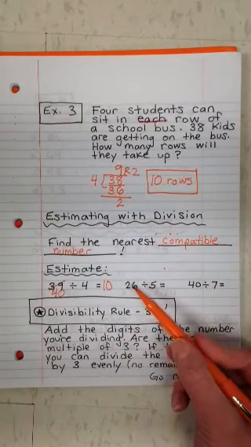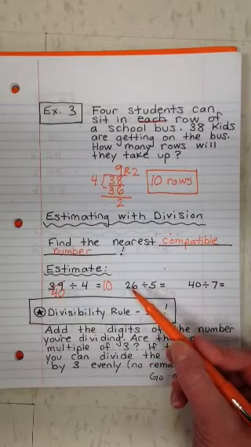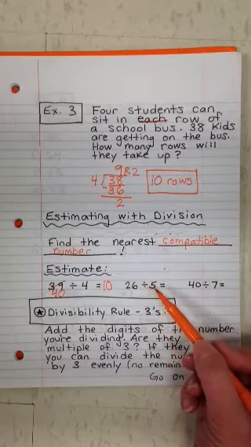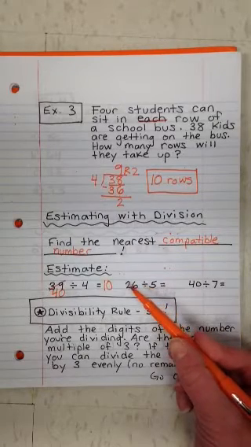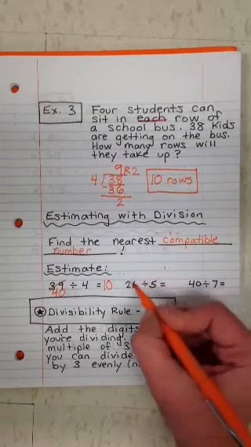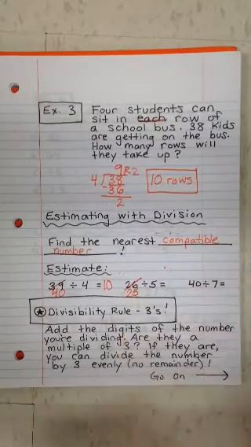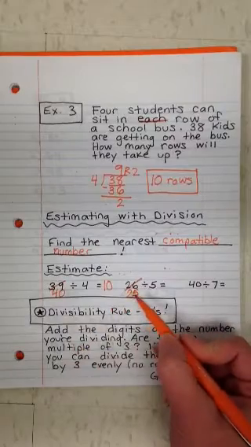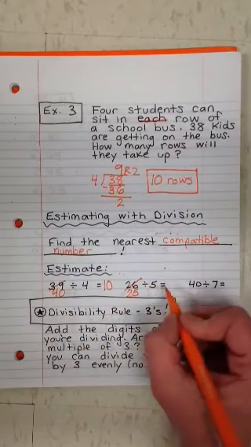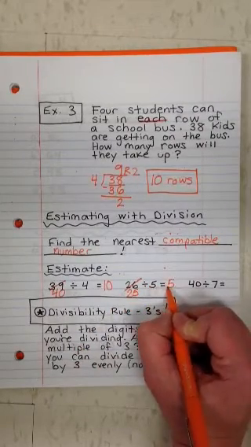Okay, well, let's find a compatible number for 26 divided by 5. The closest I can get to 26 is 25. That can be divided evenly by 5. 25 divided by 5 equals 5.